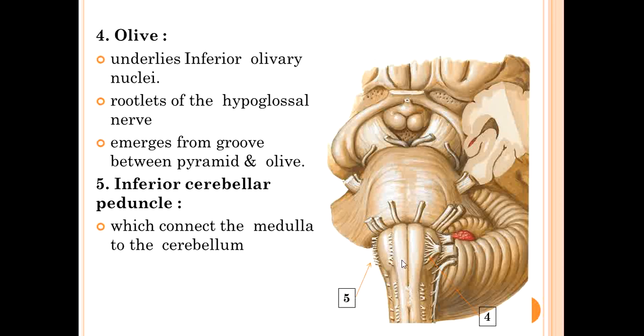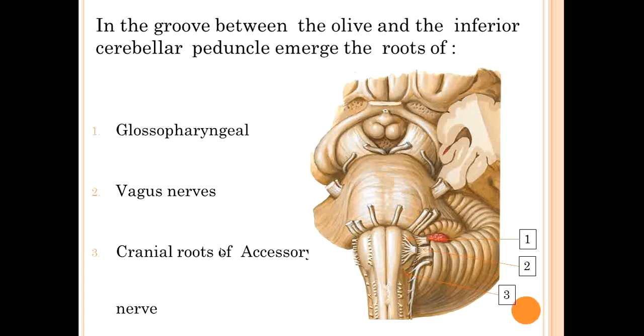If you go more lateral to the olive, there is the inferior cerebellar peduncle which connects the medulla with the cerebellum. In the groove between the olive and the inferior cerebellar peduncle, you can see the 9th, 10th and 11th cranial nerves.